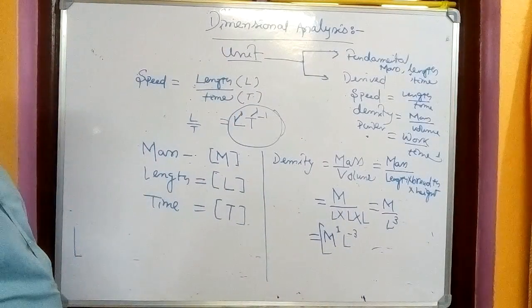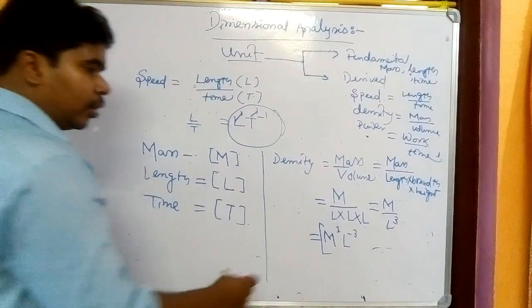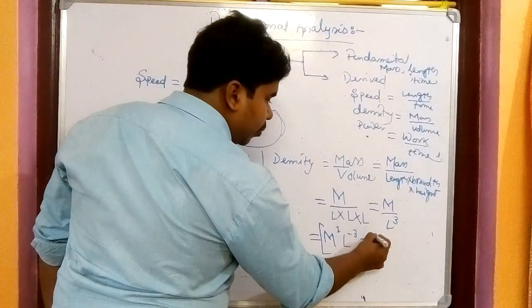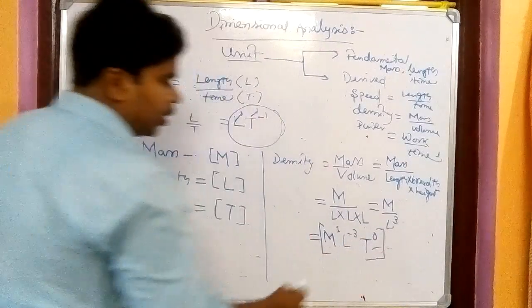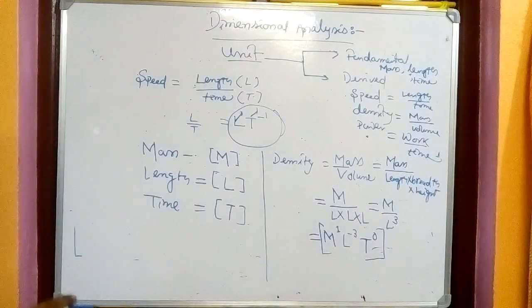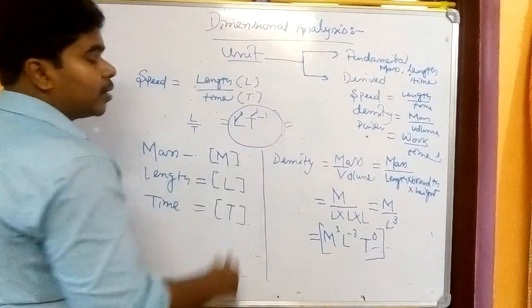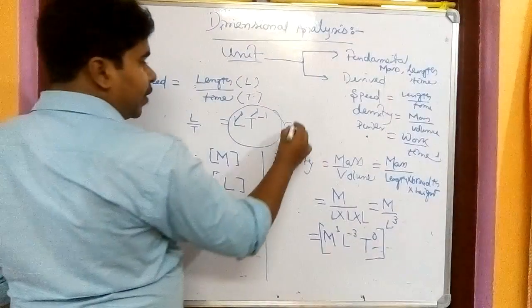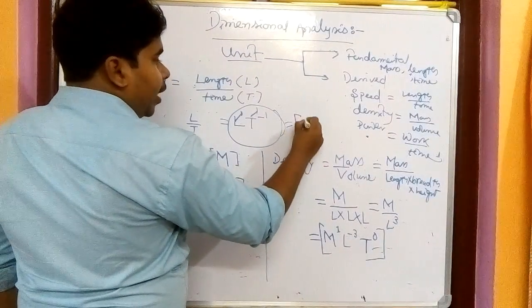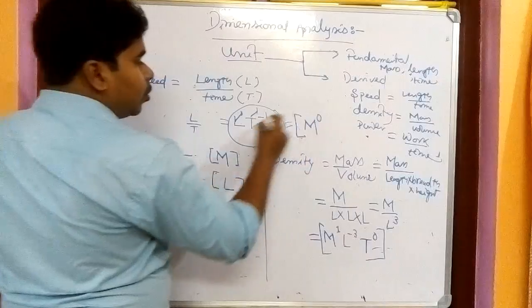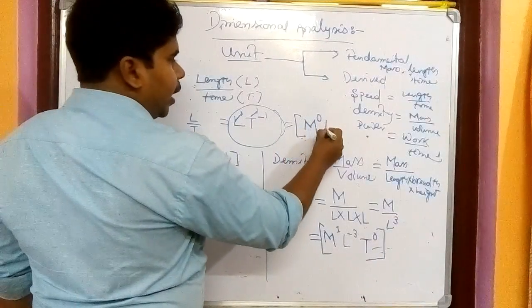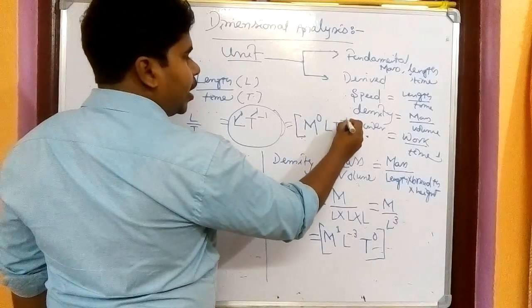No T is here, but we have to write T. No T means T to the power 0. That is the dimension of density. Similarly, if I want to write the dimensional formula of speed, we have to write M to the power 0, because there is no M, L T to the power minus 1.